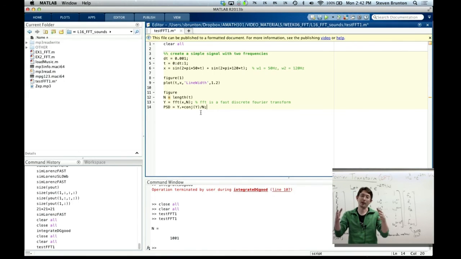So I have to scale it by my number of samples. This is my power spectrum, which tells me how much power is in each frequency. I'm taking y times y transpose because that gives me exactly the square of the length of y. So this is the square of the magnitude of that complex number.